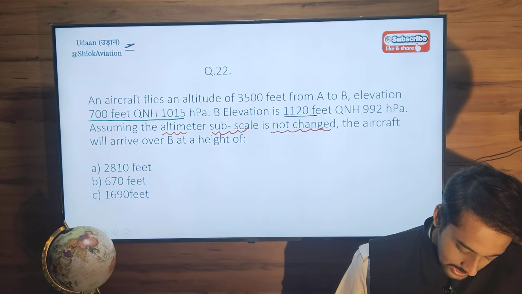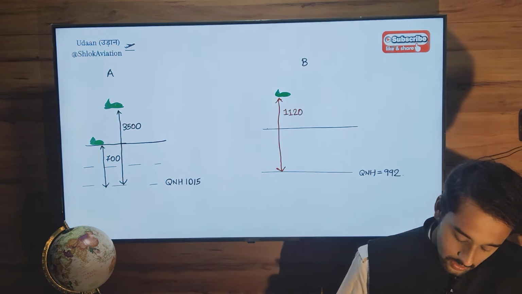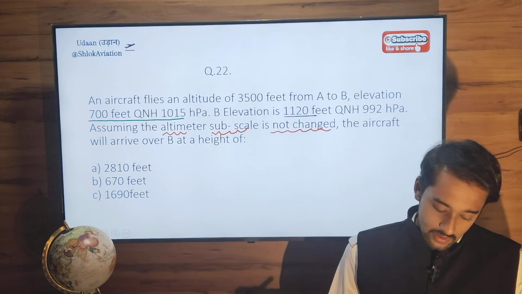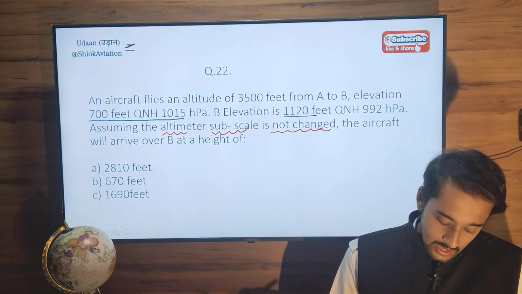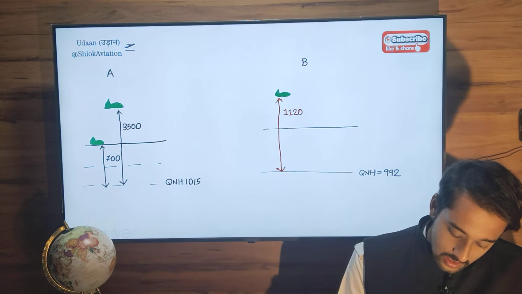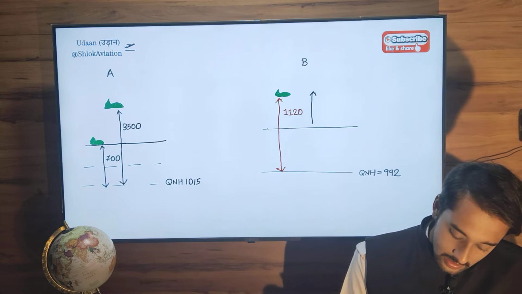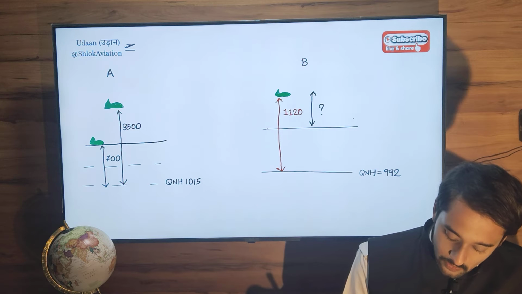Next, QNH is 992. What will the aircraft altimeter show? The height. We are told to find height. So we have to find this particular height, the height from the airport.